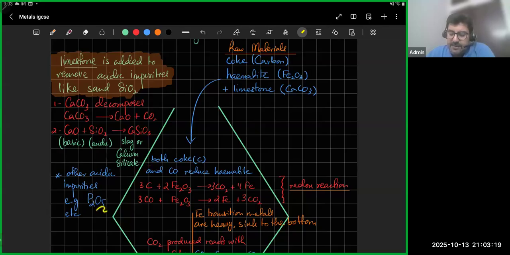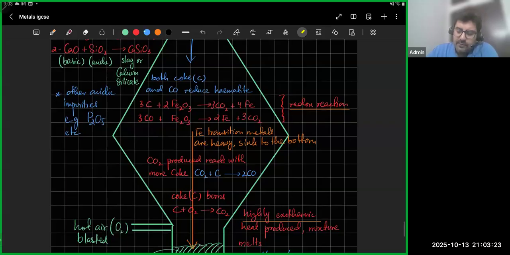The other acidic impurities as well, like phosphorus oxides, which would also react with, मतलब उसका भी लिख लेते हैं. Calcium oxide can also react with phosphorus oxides, and that would also be part of slag. So it's going to form calcium phosphate. You can balance this equation.